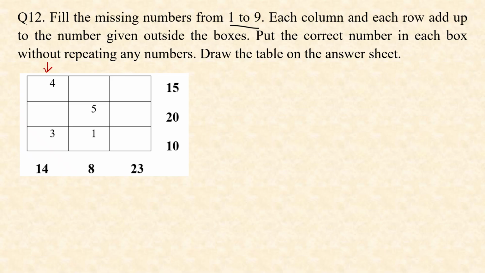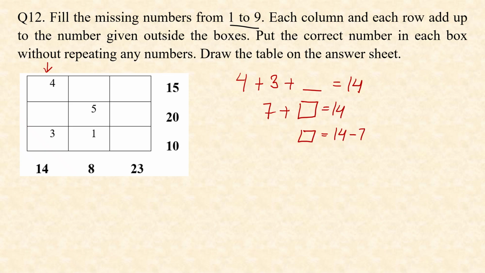So we can start from this column. 4 plus 3 plus blank is equal to 14. 4 plus 3 is 7, plus box is equal to 14. So your box will be 14 minus 7, so this will be 7.